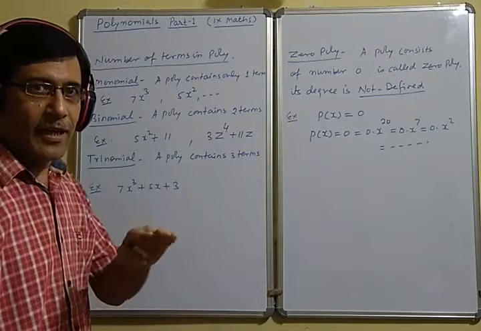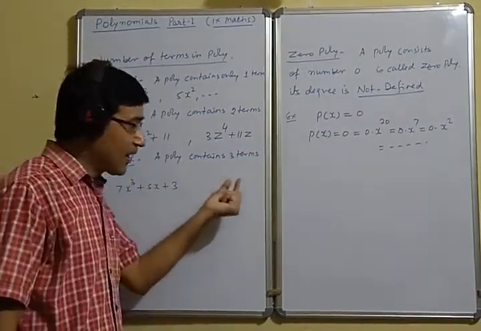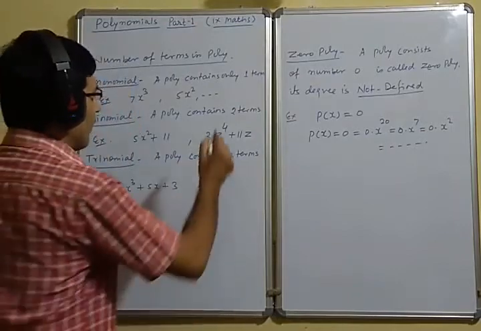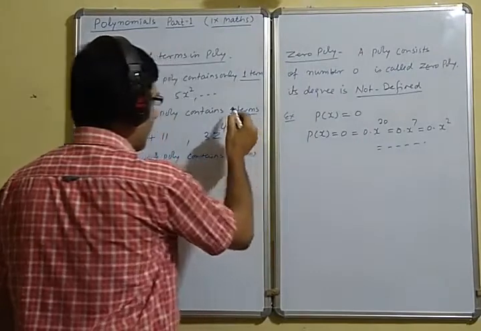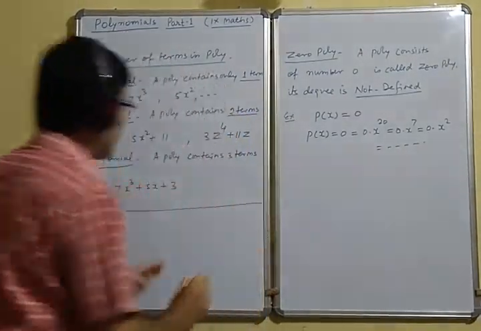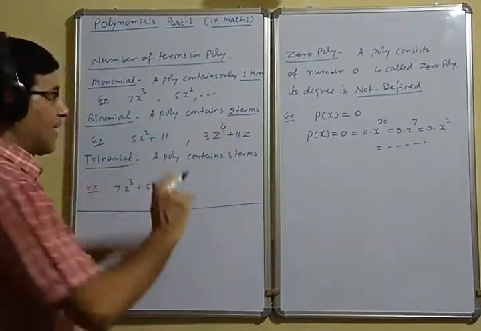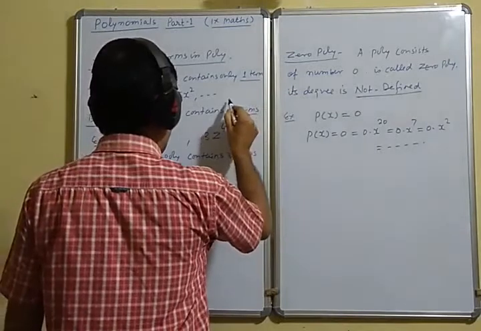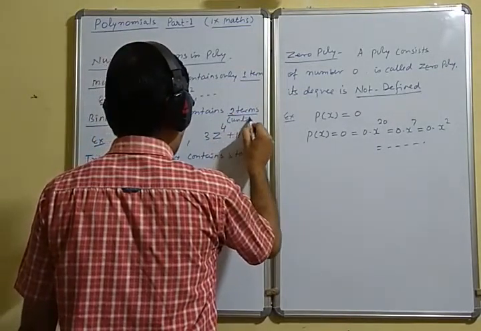Now there is a little but very important point. One term, no problem. Two terms, they must be unlike terms, so it is always better to write these two terms and they must be unlike.